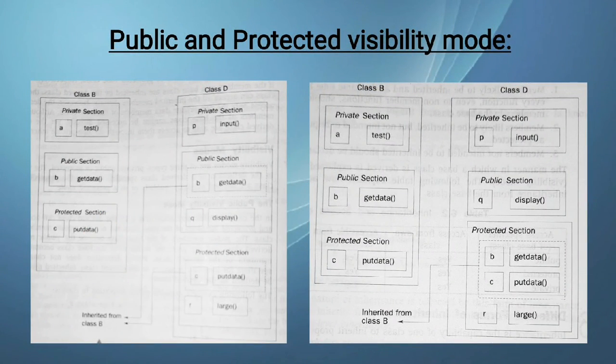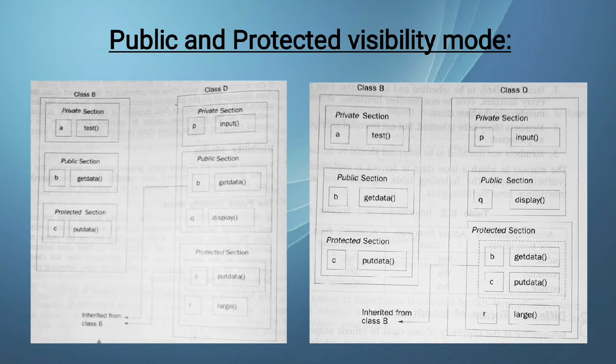If that changes to public, then under the class D it has its own private members. B was public under the class B, right? So when it gets inherited, it will still remain public under the new class D.